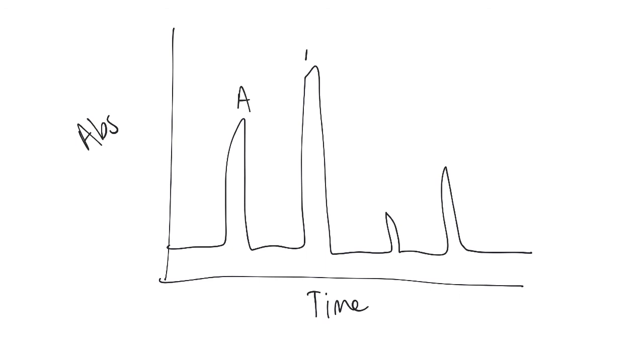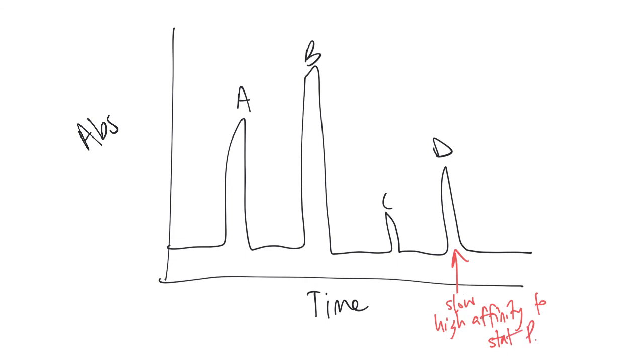We have four components, A, B, C, and D, right? Remember that the one that came out last is effectively very slow, which means it has a high affinity to a stat phase, right?